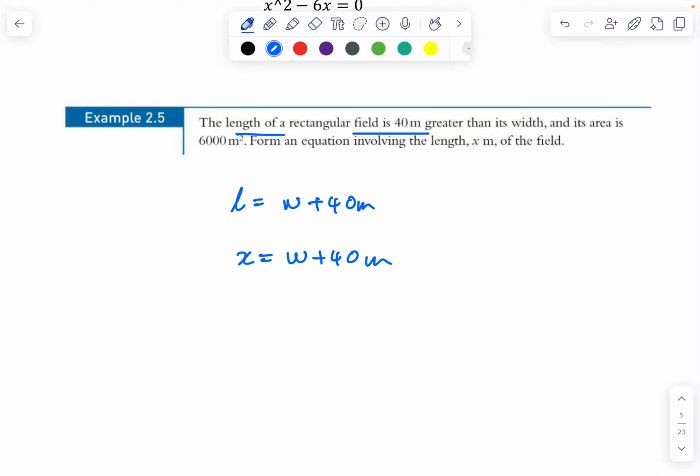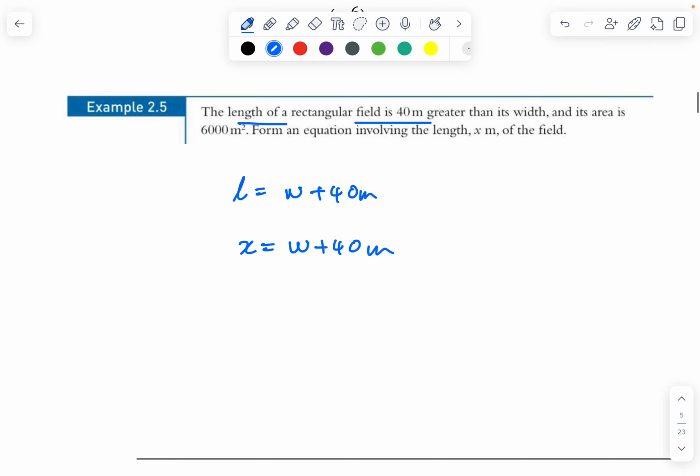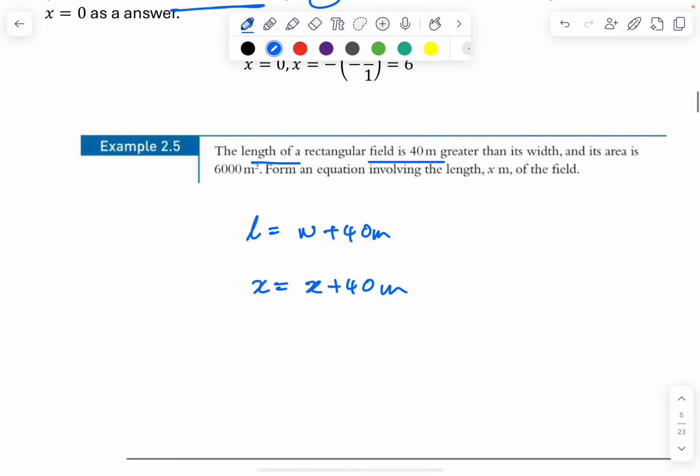Let me go up to the example quickly. Then we can say the width is actually x minus 40.